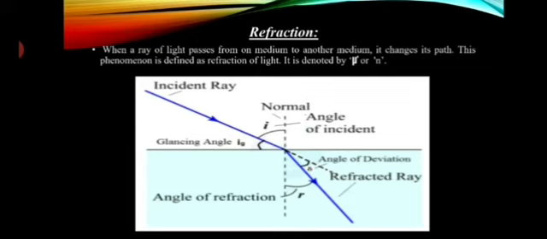Now if the medium 1 from which the ray is incident is rarer and the medium 2 is denser. What do we mean by denser medium and rarer medium? If we consider, for example, medium 1 as air and medium 2 as water, water is more dense than air.